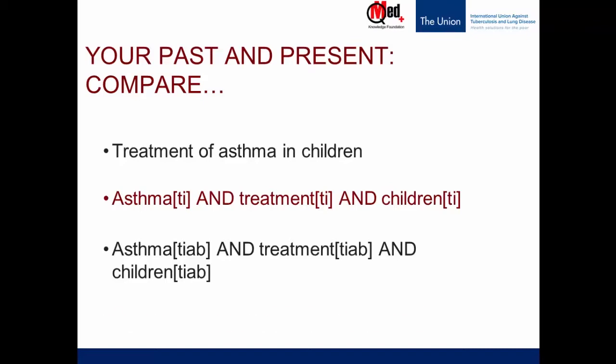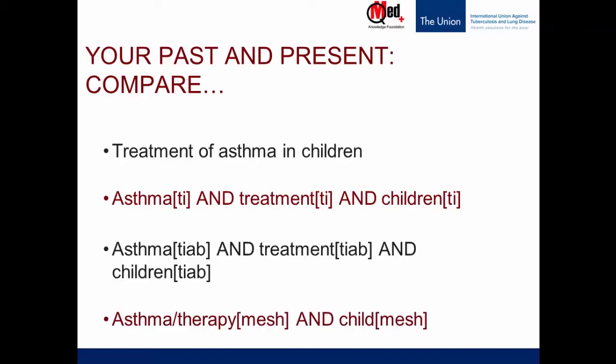But the best search is done with asthma slash therapy MeSH, which stands for treatment of asthma, and child MeSH. Both the concepts are tagged with MeSH. So, irrespective of these terms coming in the title or abstract or not, we are guaranteed that all results will be about treatment of asthma in children.